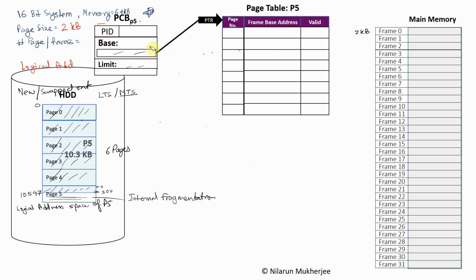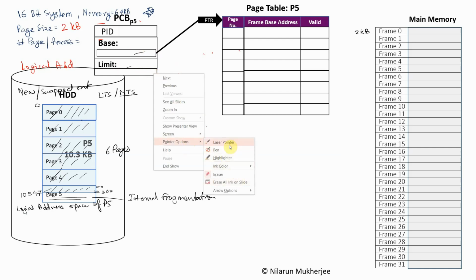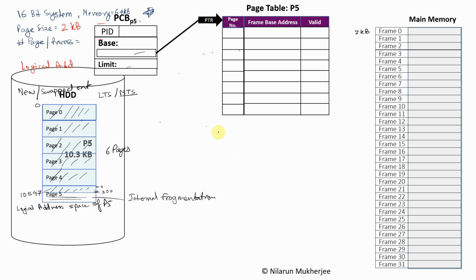So instead of having a base and limit, here we will have a pointer to the page table stored in the PCB of P5.